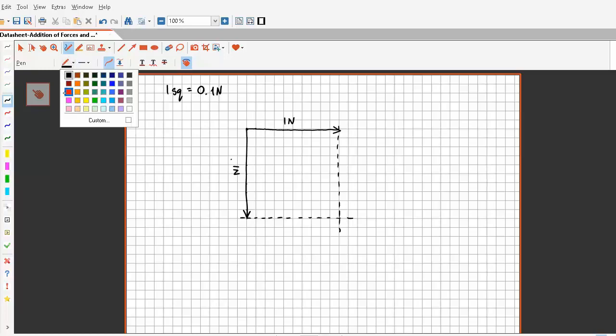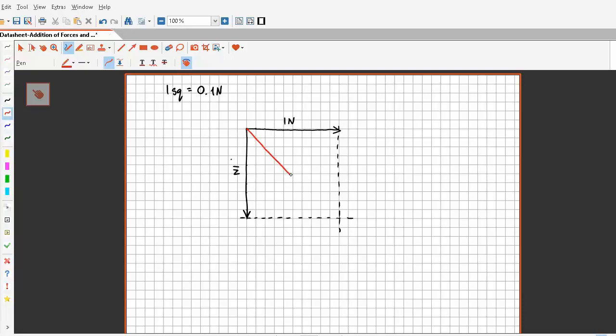The resultant is the diagonal of this rectangle that we have drawn. So I'm going to draw the diagonal. Please use a ruler when you do that.